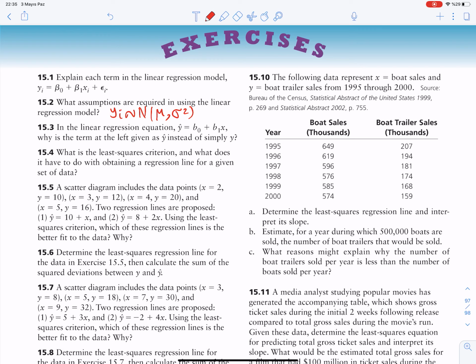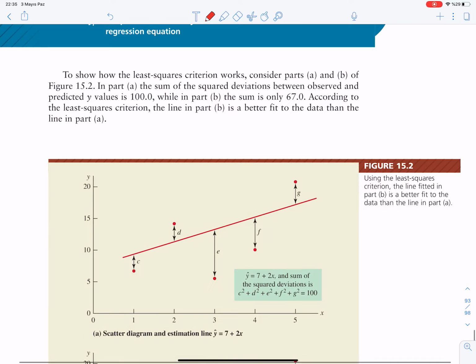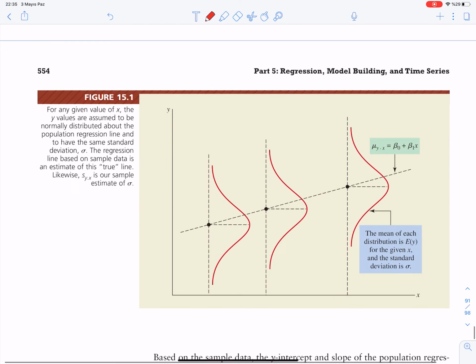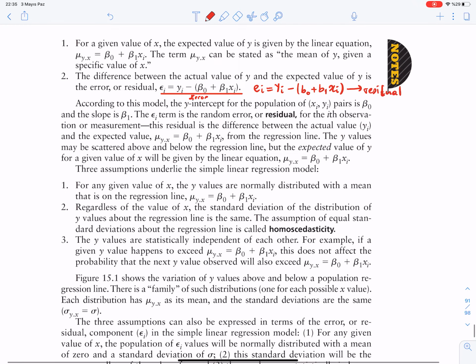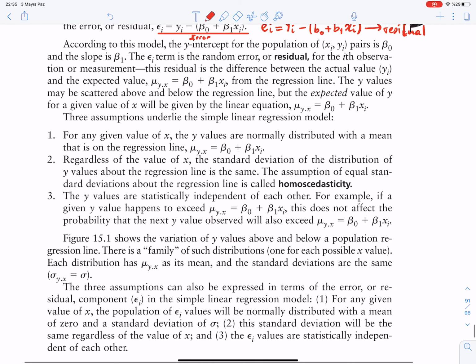The second assumption is that epsilon i should have a fixed variance. Remember, it was called homoscedasticity. So this is the second assumption.